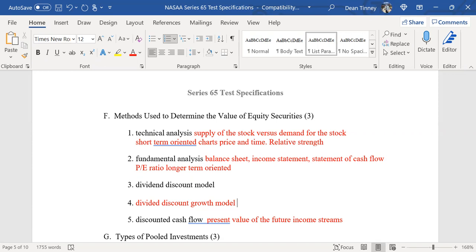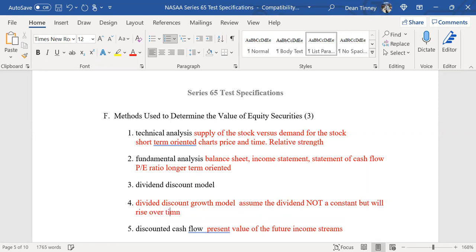The only test question about a dividend discount growth model is where we assume the dividend is not constant but will rise over time. The test question there is that it justifies a higher valuation, a higher price we would be willing to pay, when I'm doing the discounted cash flow analysis and assuming I'm going to get a dividend that grows.